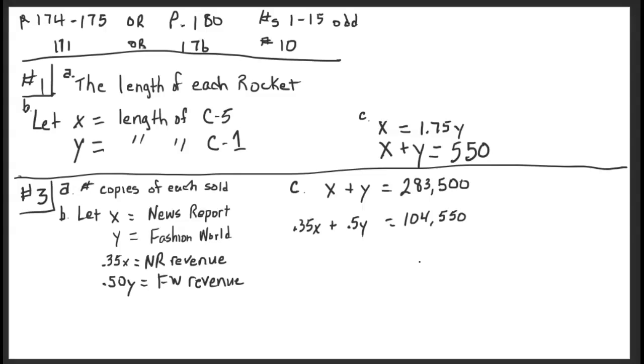So we let our variables stand for the copies of each that would have been sold. But from that opening sentence, we also realized that we could determine, if you will, the value of each copy, right? And that led us then to the ability to set up two equations. Whenever we have two equations and two variables, we can solve.